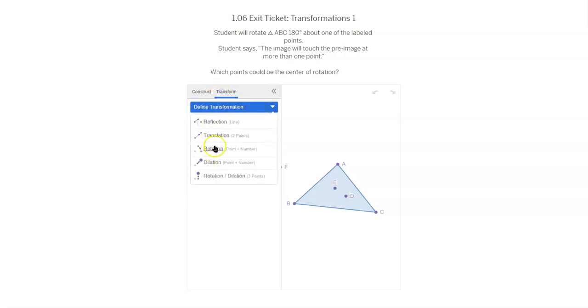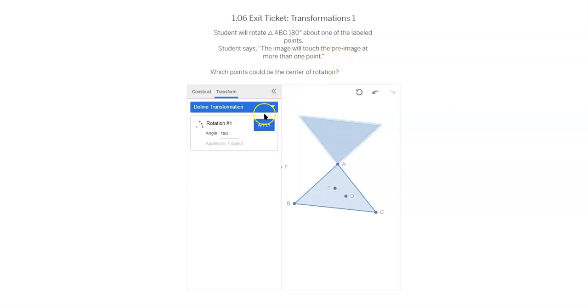If we were to rotate it about point A as the center of rotation, 180 degrees as it says, you're going to see that it is not going to touch. Okay, so notice that it doesn't touch any place on the image. It needs to touch in more than one place.